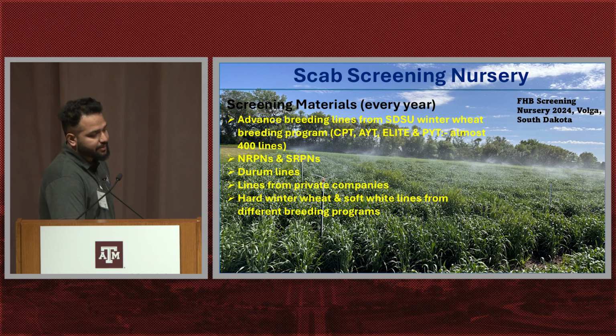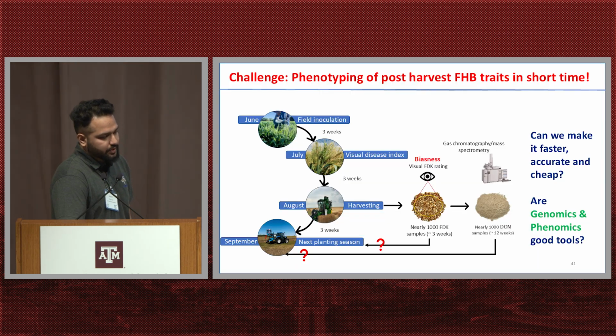Apart from that, we also have the NRPNs and SRPNs, the Northern Regional Performance Nursery and the Southern one, and we screen some Durum lines and lines from private companies as well. Altogether it makes almost 1,100 lines, and we do it in 3 to 4 applications, making almost 3,000 to 3,500 lines every year.